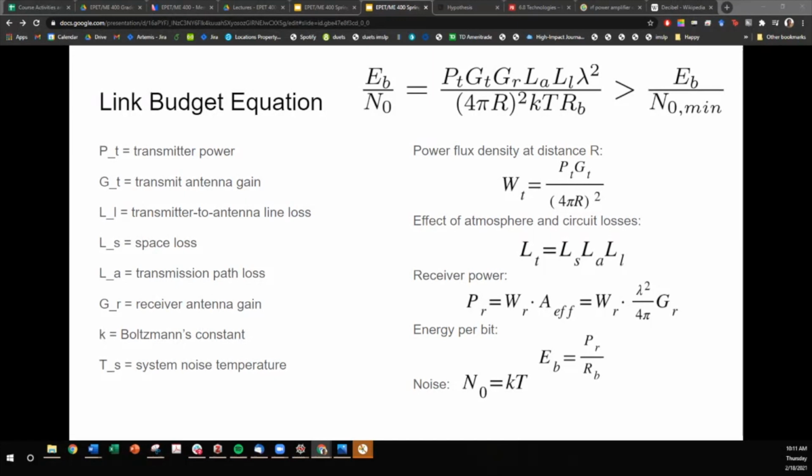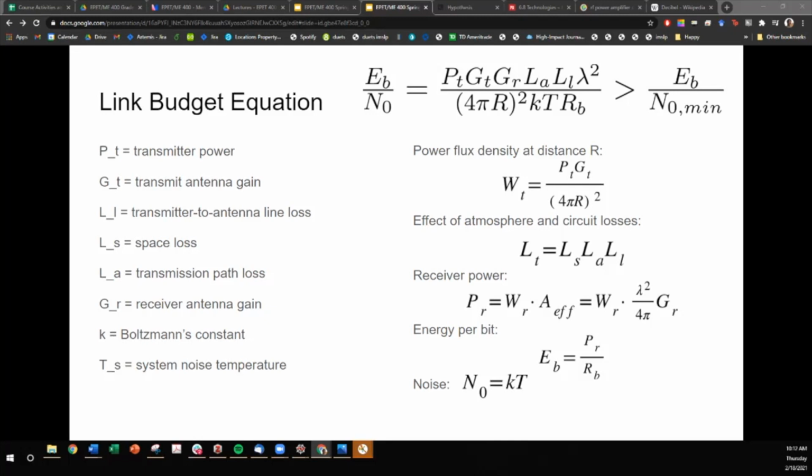Another intermediate product is the effect of atmosphere and circuit losses. Across the entire signal path, there are going to be a compounding of losses, where there's the free space loss, there's the atmosphere loss, and there are just general circuit losses. And these numbers are going to reduce the signal to noise ratio margin.